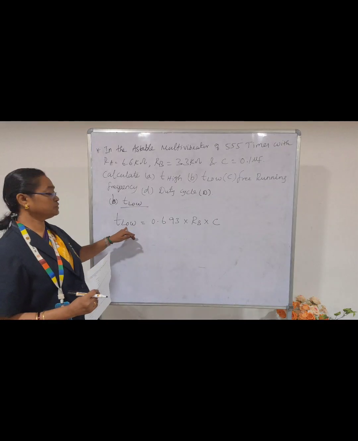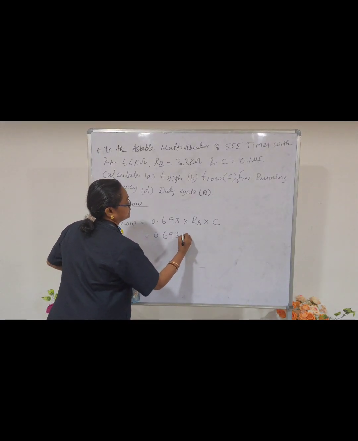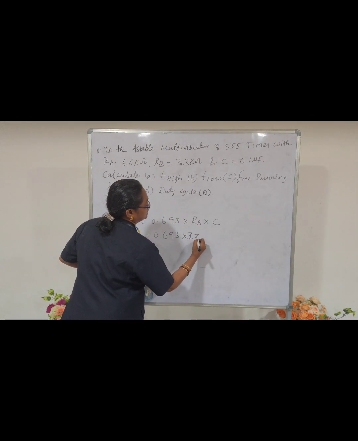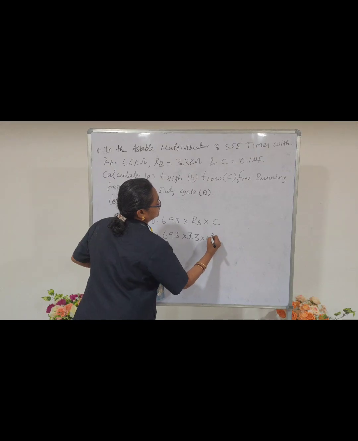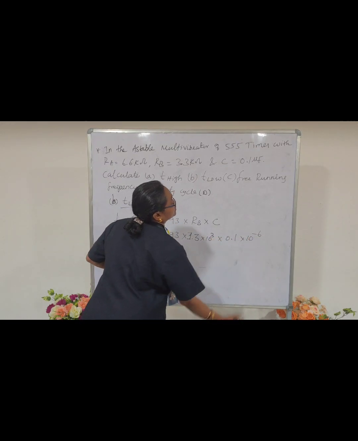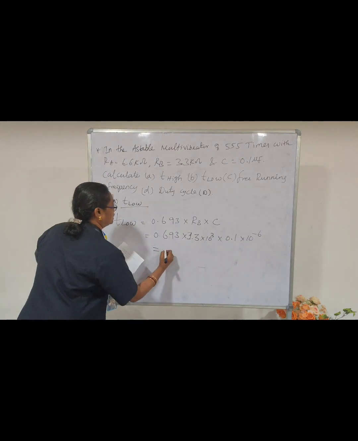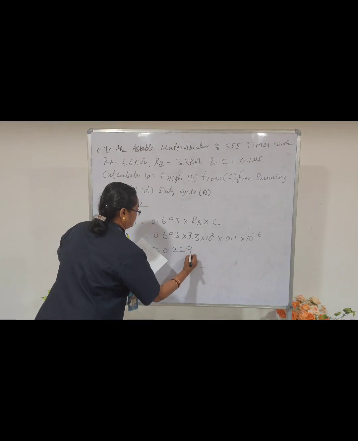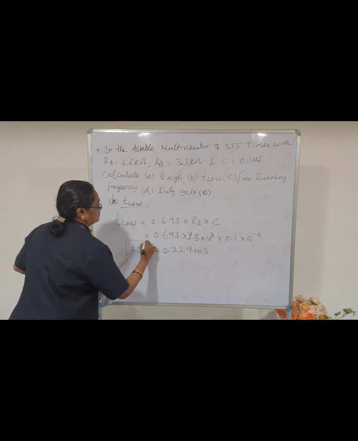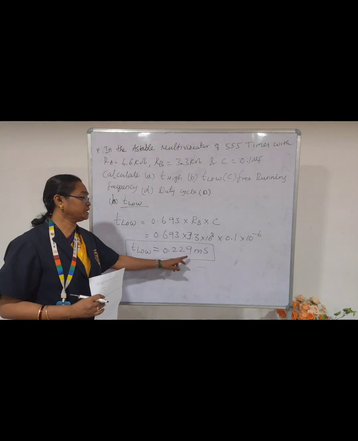Just substitute here, you will get T low value. So T low is 0.693 into RB value, 3.3 kilo ohm, into 0.1 microfarad. Answer is T low value is 0.229 millisecond.